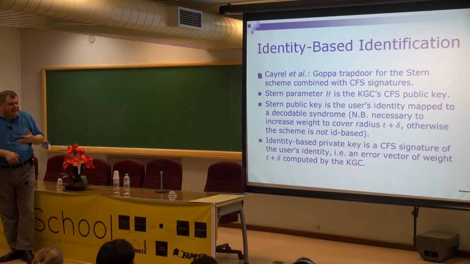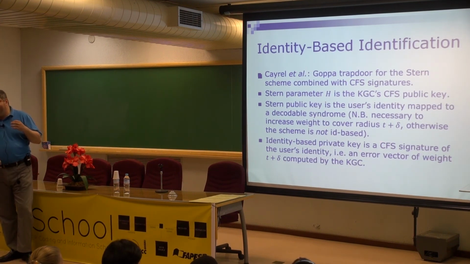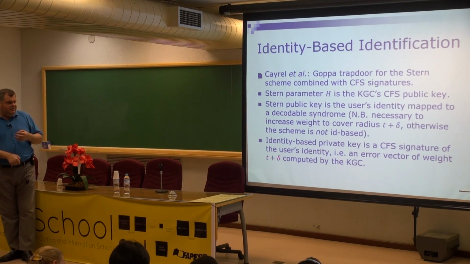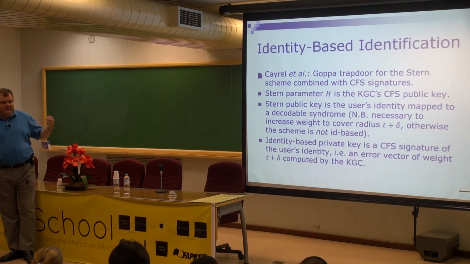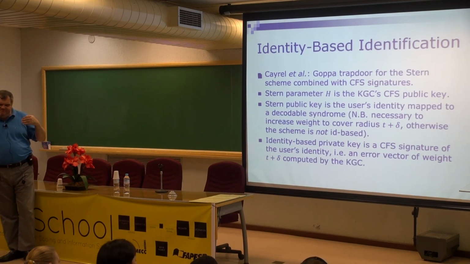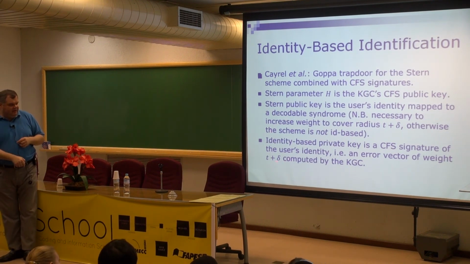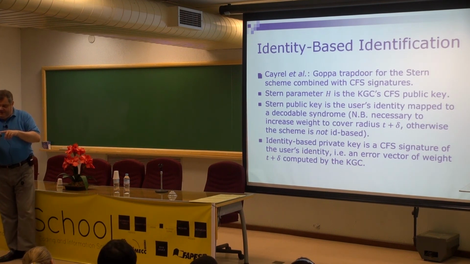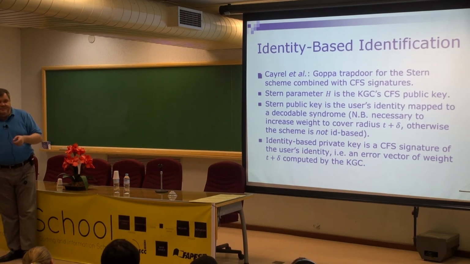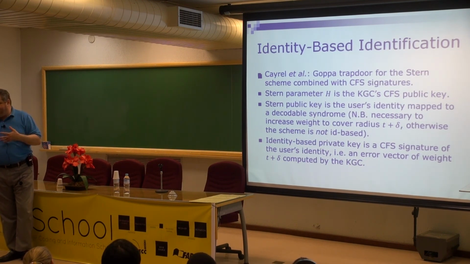We have to modify the CFS scheme a bit. Instead of decoding to t errors, we have to decode to a vector with slightly increased weight, t plus delta, so that t plus delta is at least the cover radius of the underlying code. The result is a new cryptographic functionality.